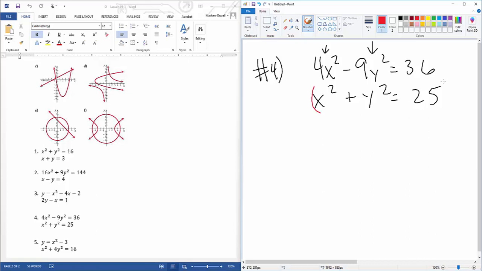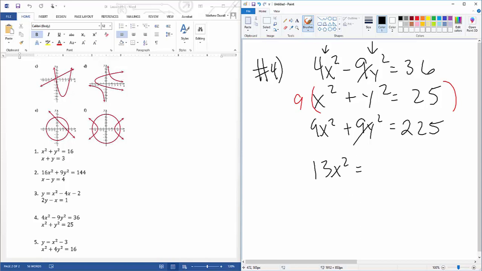So I can multiply this equation by, let's get rid of the 9s, why not? Multiply it by 9. And so that's going to give me 9x squared plus 9y squared equals 225. Adding them together, you're going to get 13x squared equals 261.